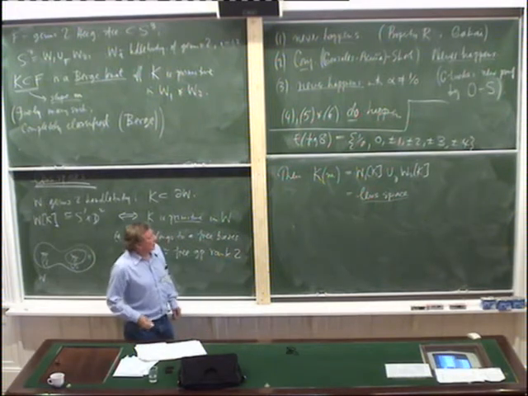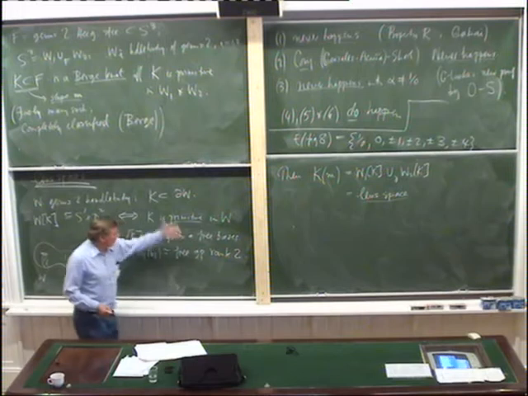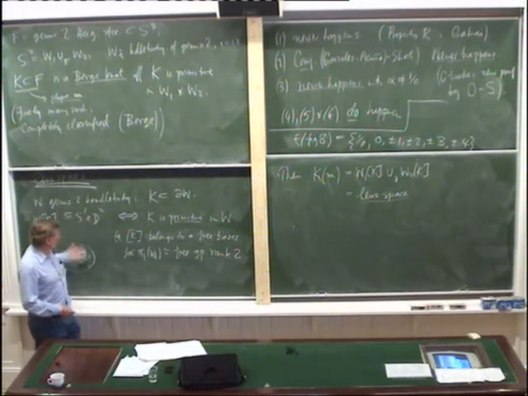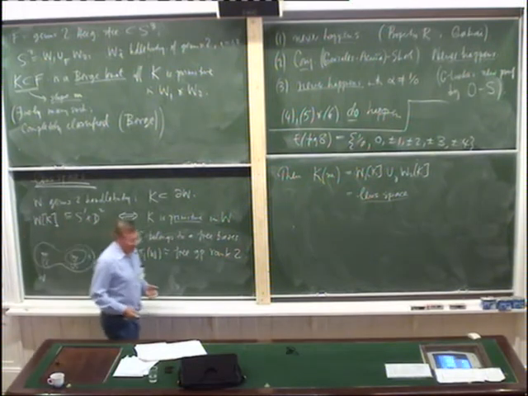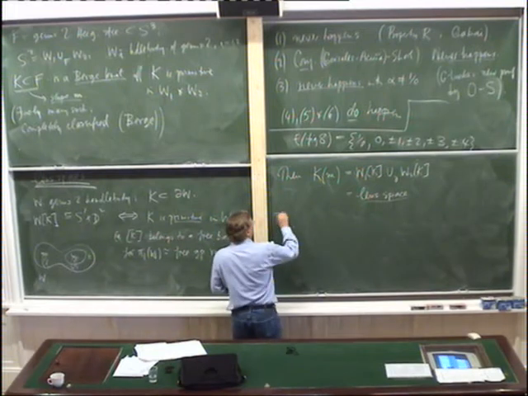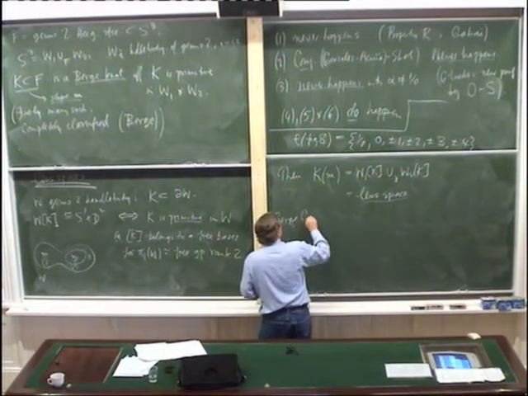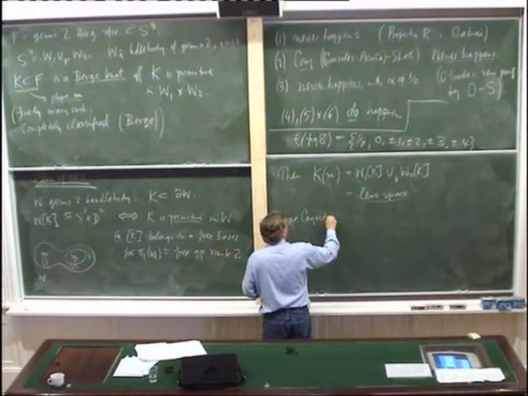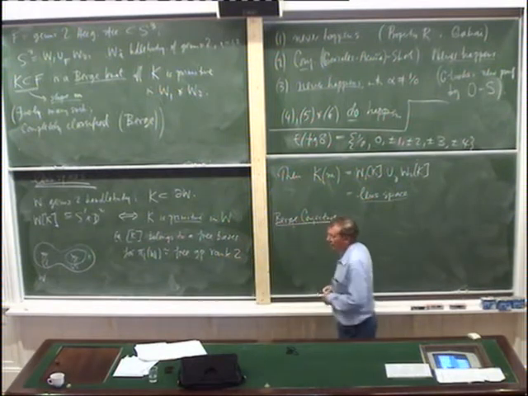And as I say, there's this completely explicit list of them. It's quite a complicated list. There are these several infinite families. And the Berge conjecture is that these are the only ones.